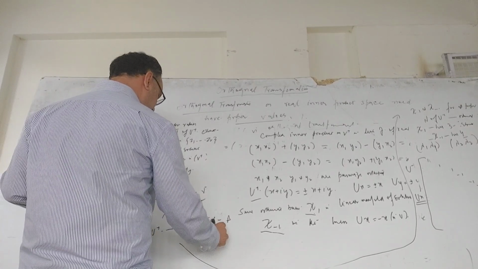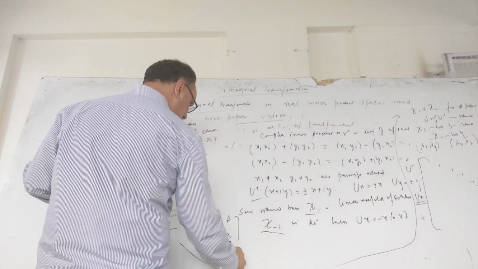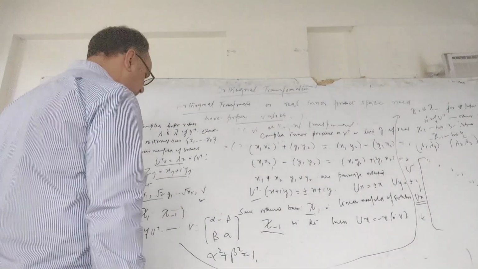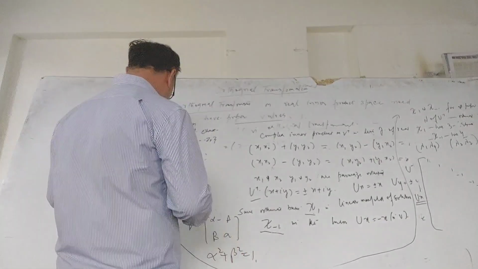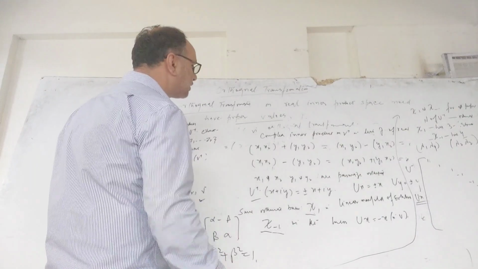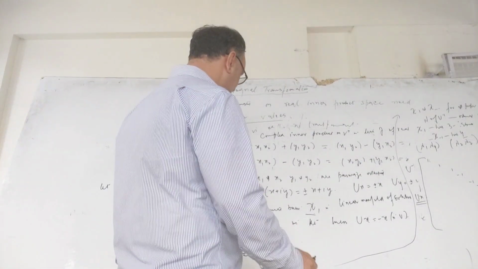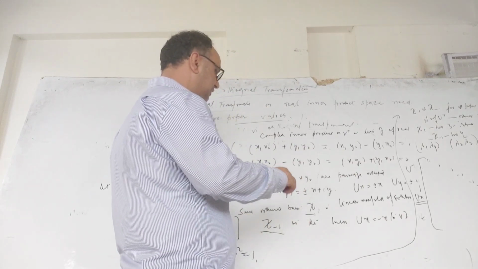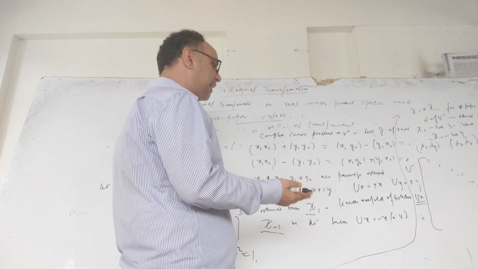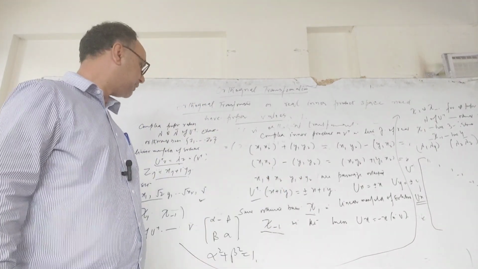So the solution can be in the form alpha square plus beta square is equal to 1, and we can have a trigonometric representation of the same thing. So this is an exercise in which we have constructed a complex space, some basis and some orthonormal basis, and their representations.